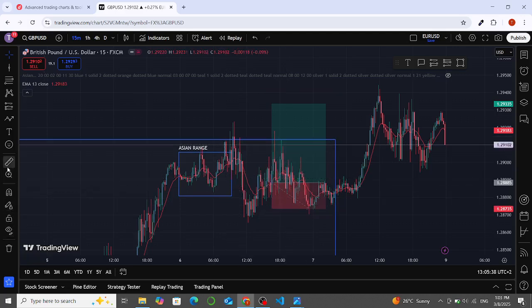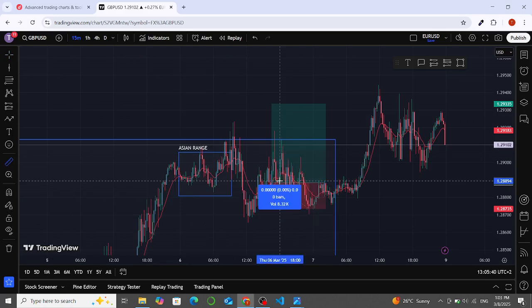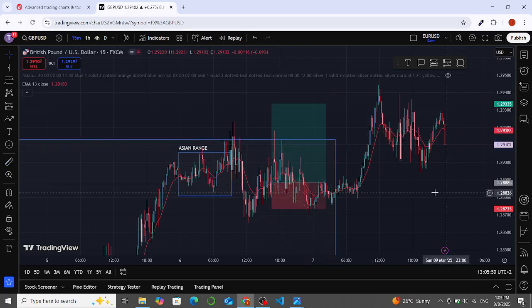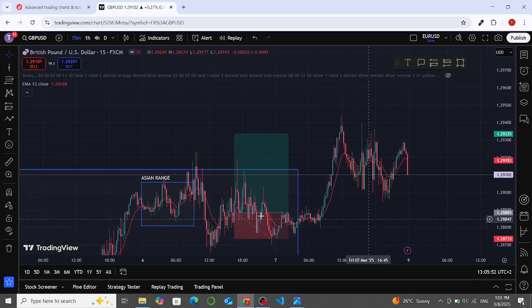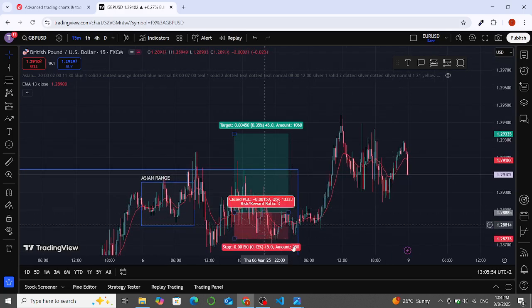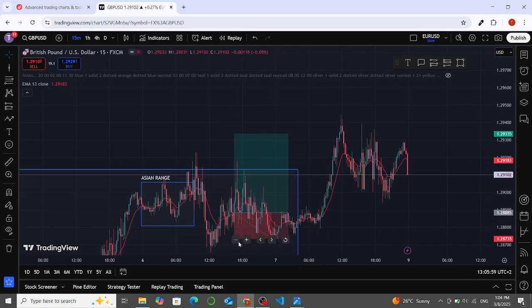As you can see, I entered the trade and it moved 20 pips to the upside, and it retraced back there. But if our stop loss had been bigger, it would have resulted in a win.